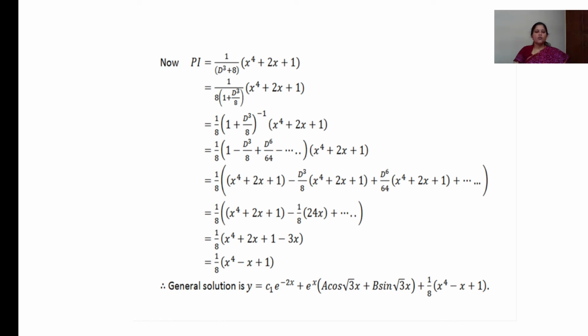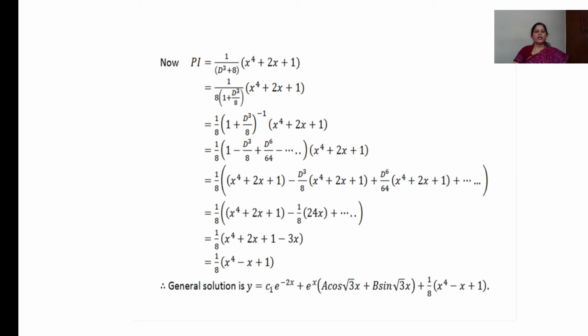So 1 plus D cube by 8 whole to the power minus 1 becomes 1 minus D cube by 8 plus D to the power 6 by 64 minus etc., into x to the power 4 plus 2x plus 1. Now we have the algebraic function x to the power 4 plus 2x plus 1.